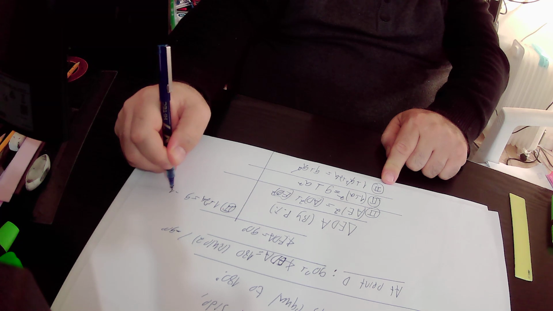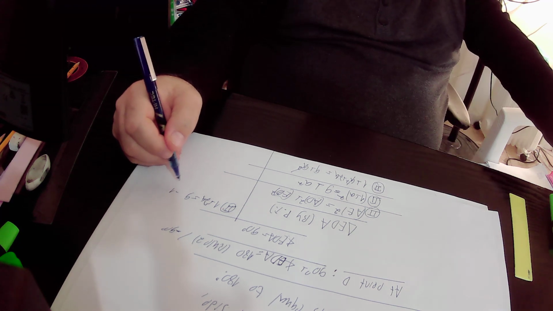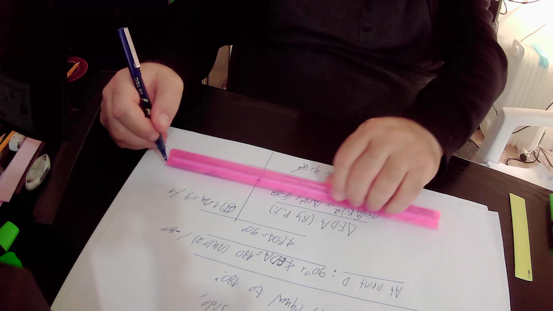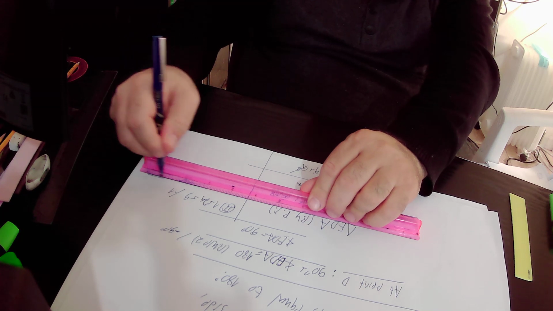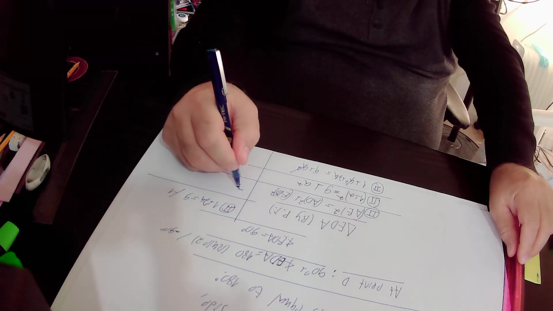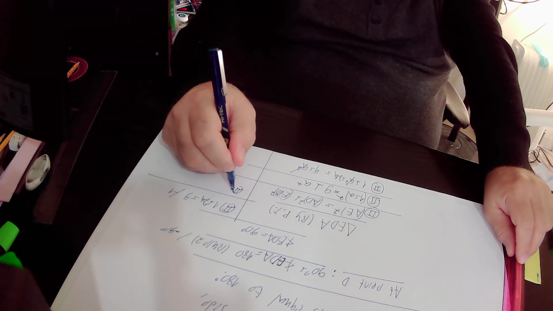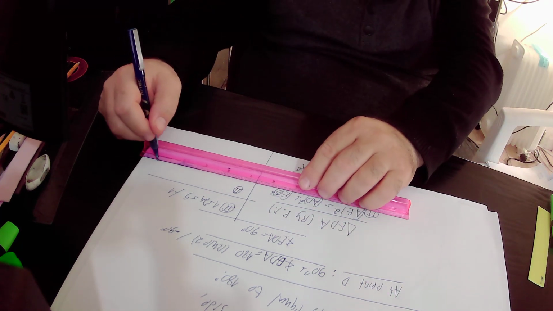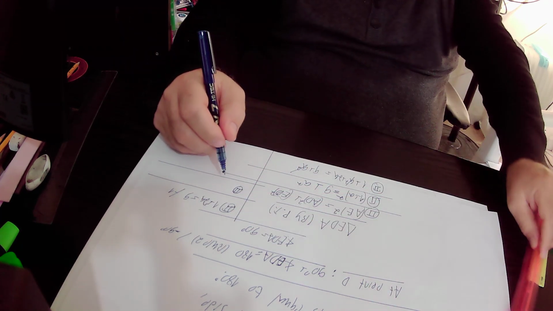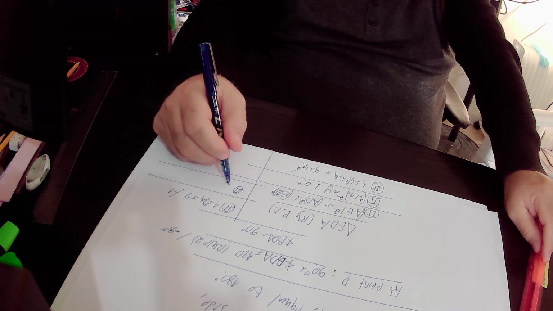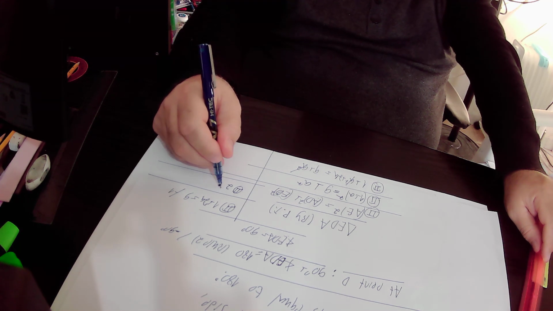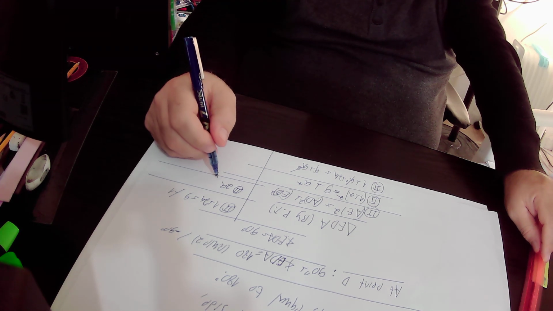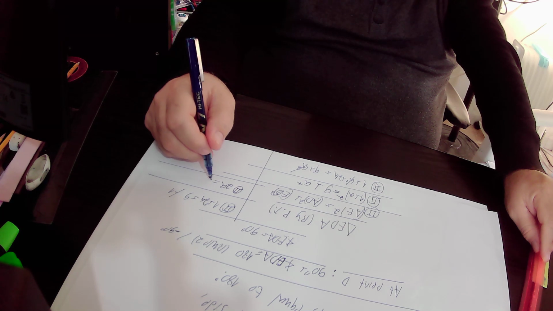Here we'll subtract 1 from this equation number 2, and we get that according to equation number 2, 2A equals 9 minus 1 is 8.